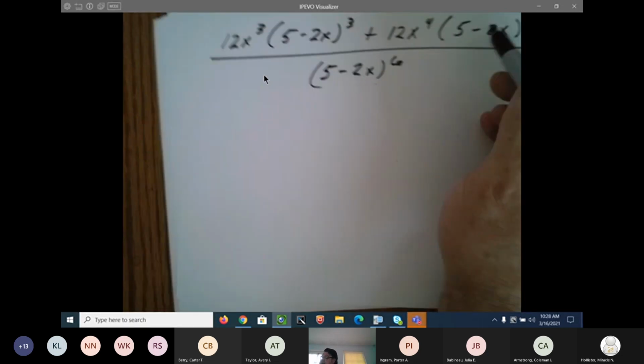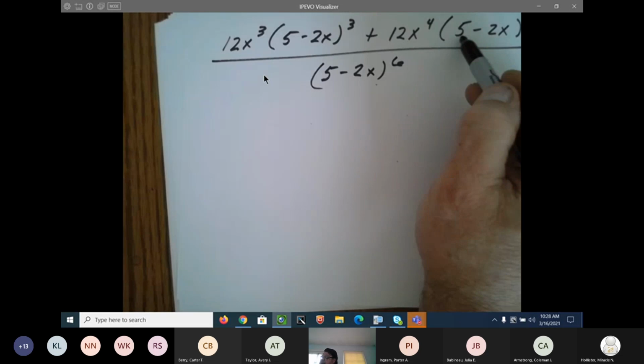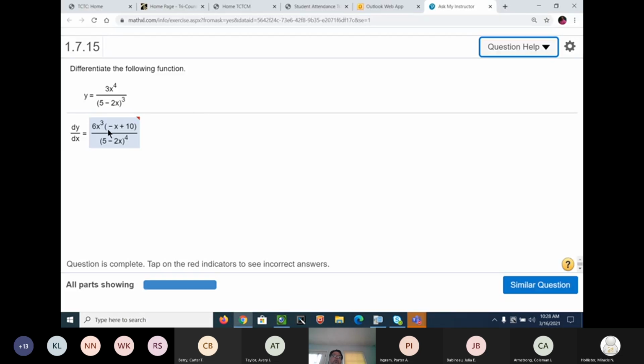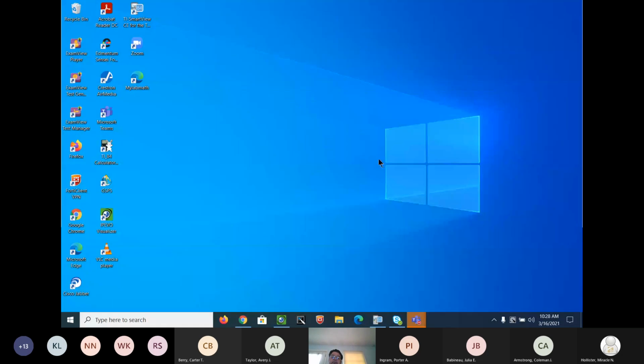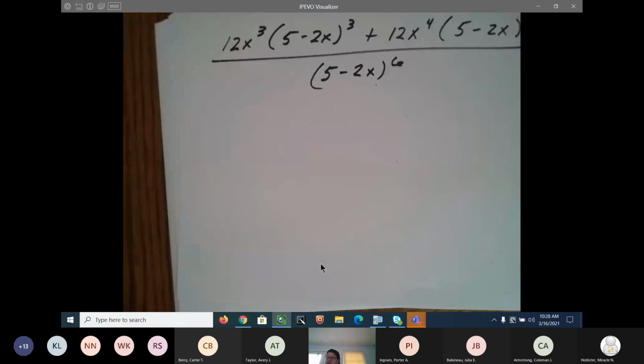This is not a mess because that's 12 times 60. And 2 times 12 is 24. I'm not seeing that. And plus that, let me pull this back up. Anybody see a mistake I might have made?